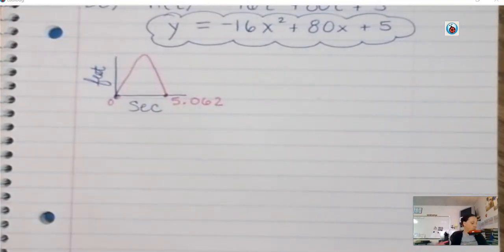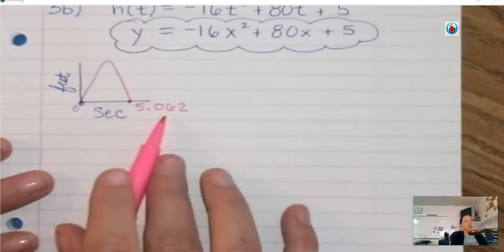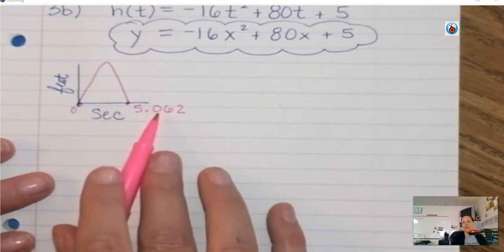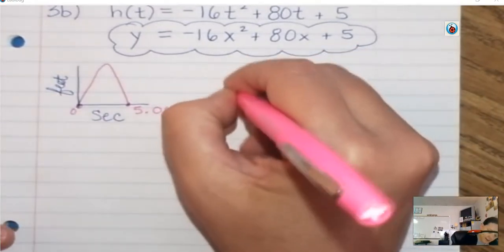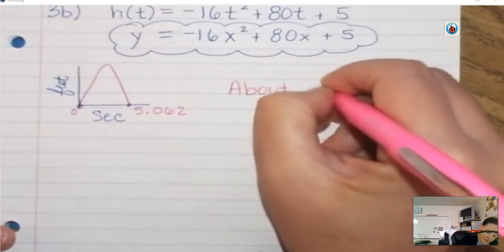So the directions had said about how long is the baseball in the air. So here I'm going to guess we're just going to round it to the nearest second because the tenths is a 0. So it's in the air for about 5 seconds.